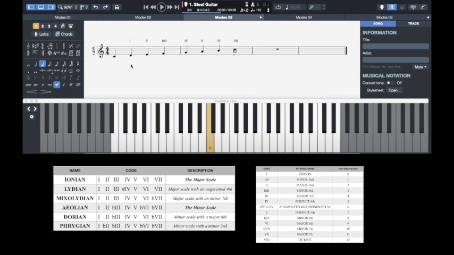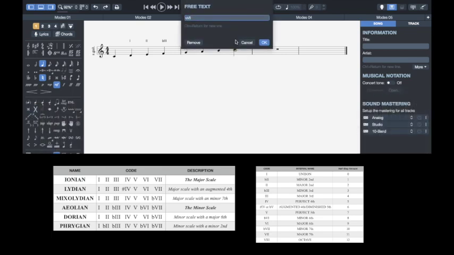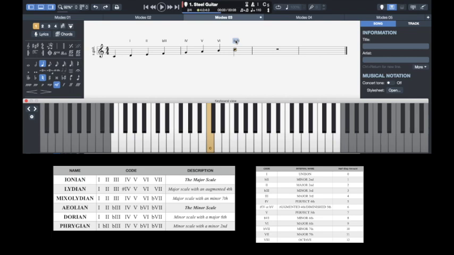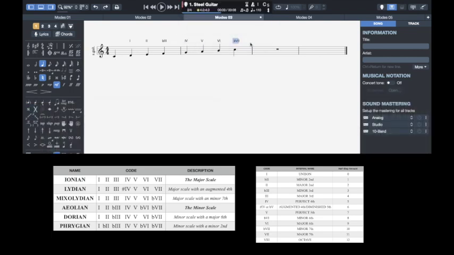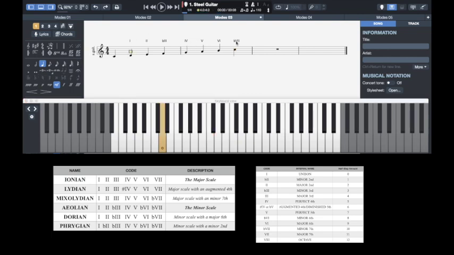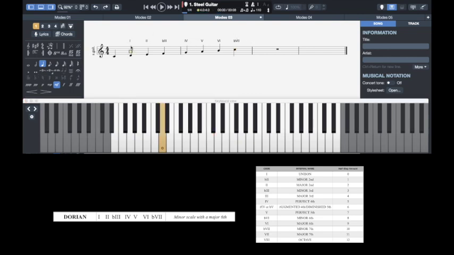So we count 1, 2, 3, 4, 5, 6, 7, 8, 9, 10. So that one needs to be adjusted. So we adjust that one. And what you see here is the code for the Dorian scale.